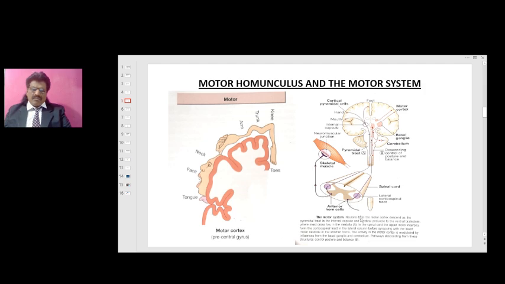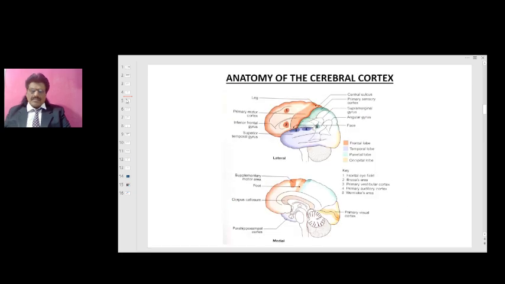The activity in the motor cortex is modulated by influences from the basal ganglia and cerebellum. Pathways descending from these structures control posture and balance. So this is a very important slide regarding the motor homunculus and the motor system.